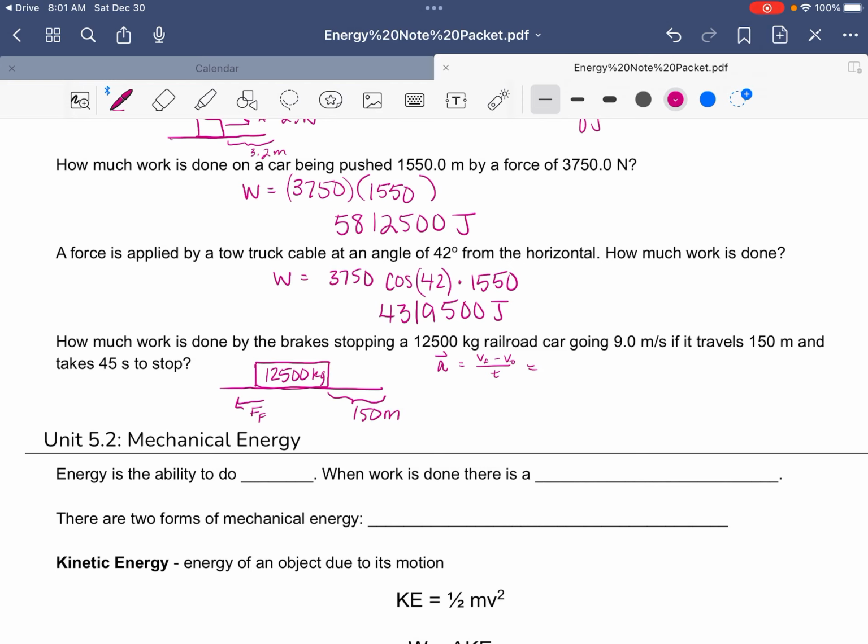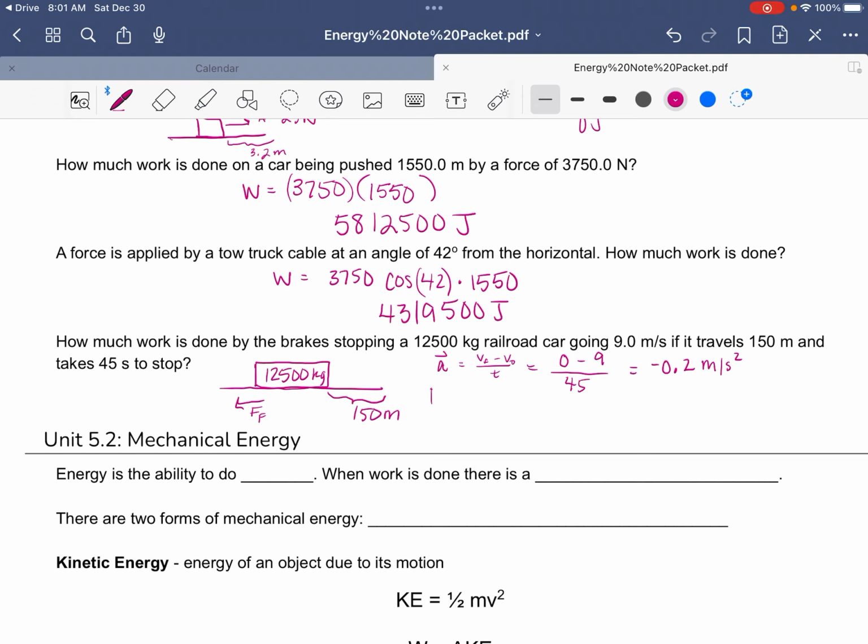So my final velocity is going to be 0 because I'm stopping, minus my initial velocity of 9 meters per second, divided by 45 seconds. So when I put this into my calculator, I have -9 divided by 45. I'm going to get -0.2 meters per second squared is my acceleration.